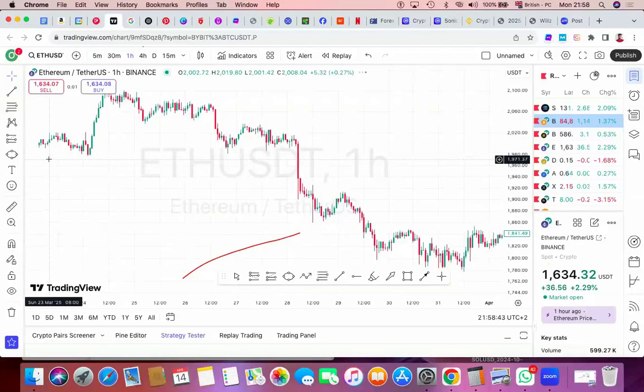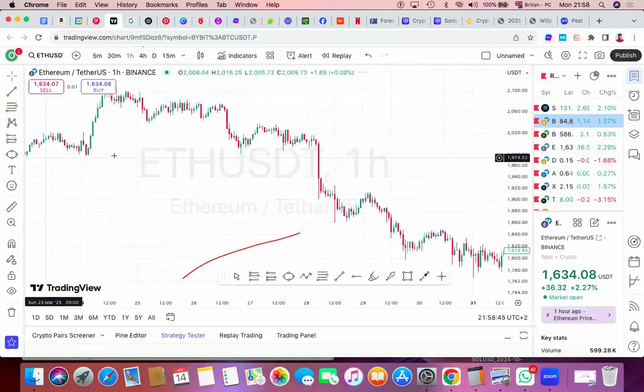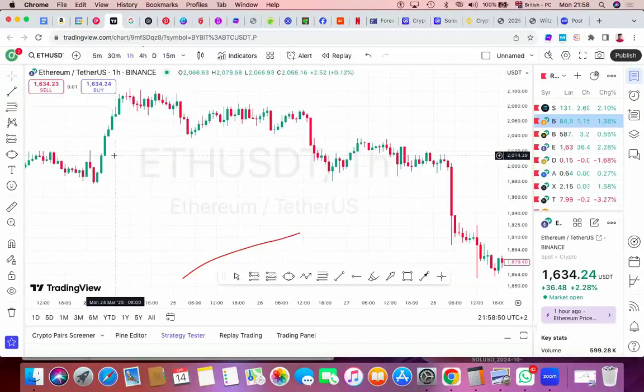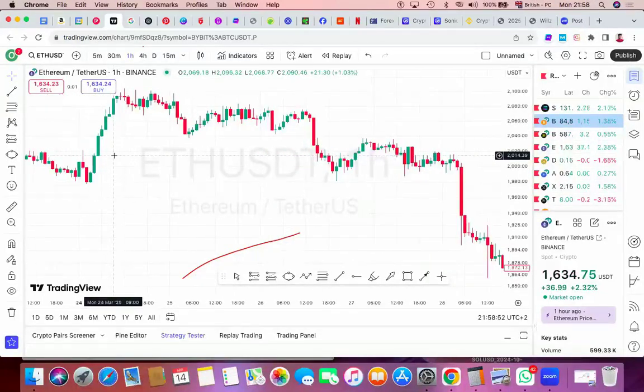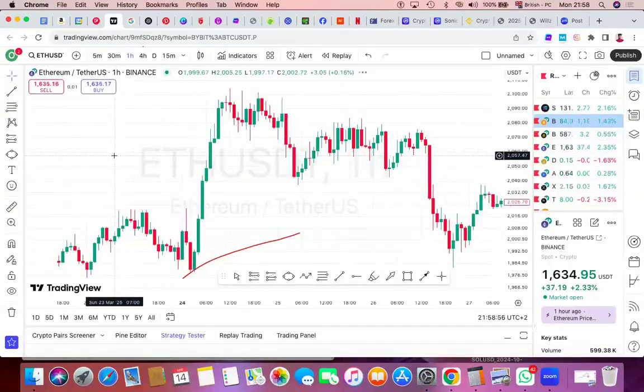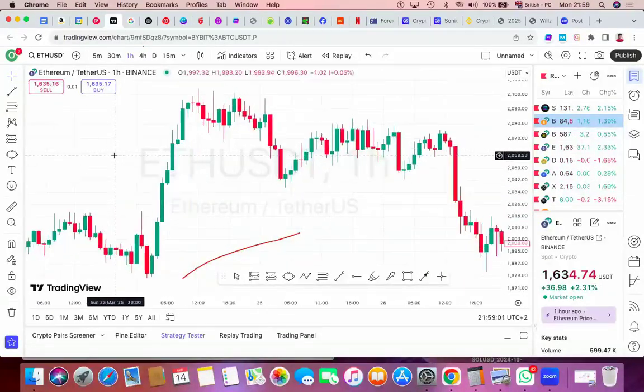Let's look for a practical engulfing candle in our chart. Practically it's just a single candle or two.